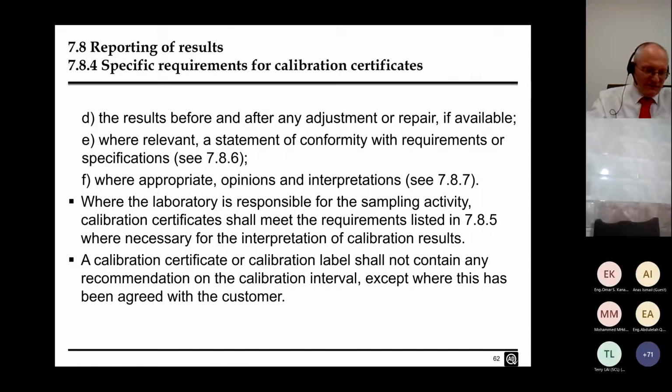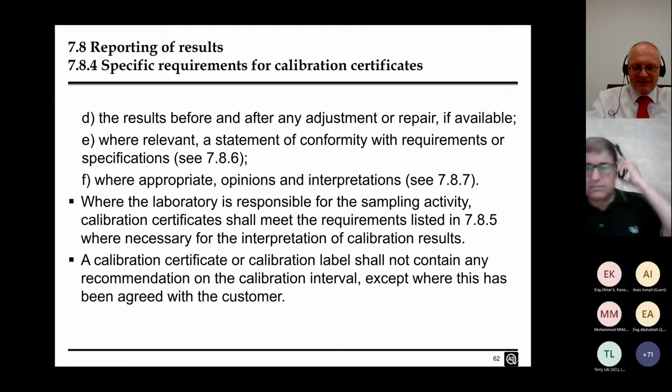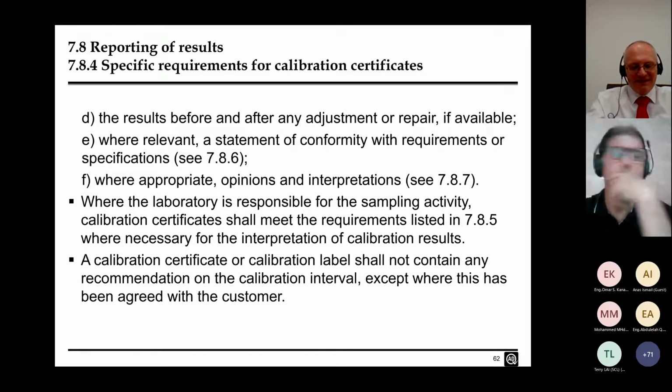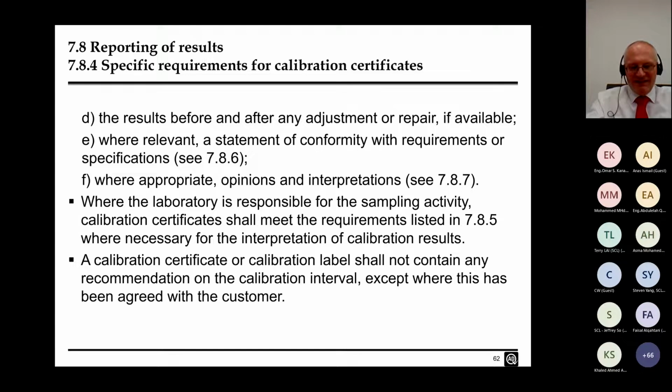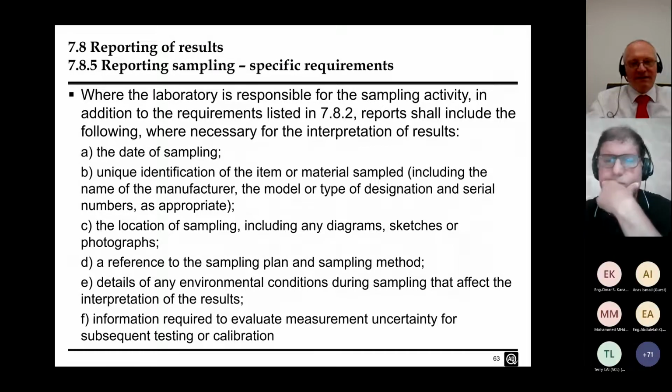So you cannot put a due date on unless your customer has told you what the due date is. Again, I suspect for this audience that's not a problem, but this always causes me problems for the accredited labs in the UAE. They accept it, but they really don't like it. Reporting of sampling, it's there. If you are doing any sampling, you need to follow that.